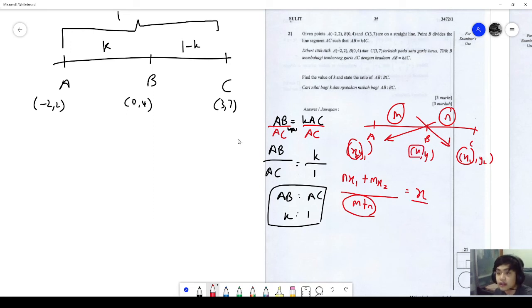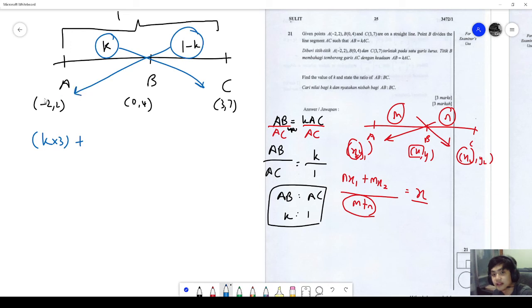So in this case, they want us to find value of k. So we can just use either x or y. In this case, I'll just use x. So k times 3 plus 1 minus k times -2 over k plus 1 minus k equals to here 0.